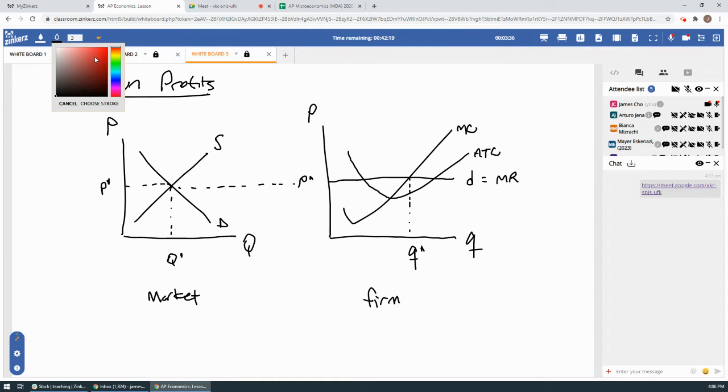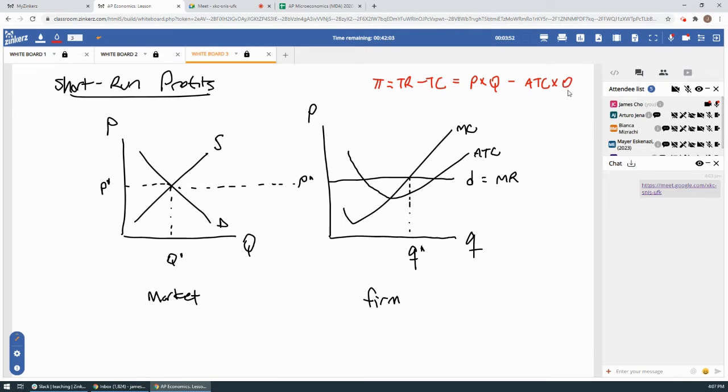Remember our idea of profit: total revenue minus total cost, which is P times Q minus ATC times Q. We can factor out the Q and just do P minus ATC. So at your little Q star, it's P minus ATC times Q. There's our area of economic profit.